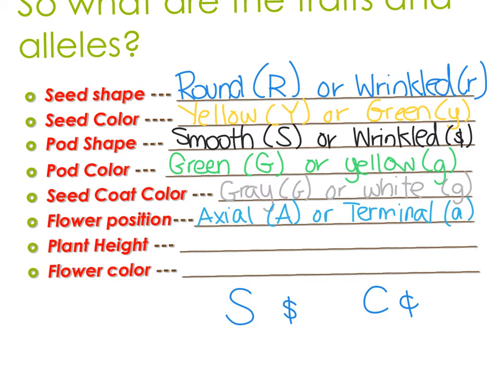For plant height, the plants could either be tall, which was dominant, or they could be short or dwarf.